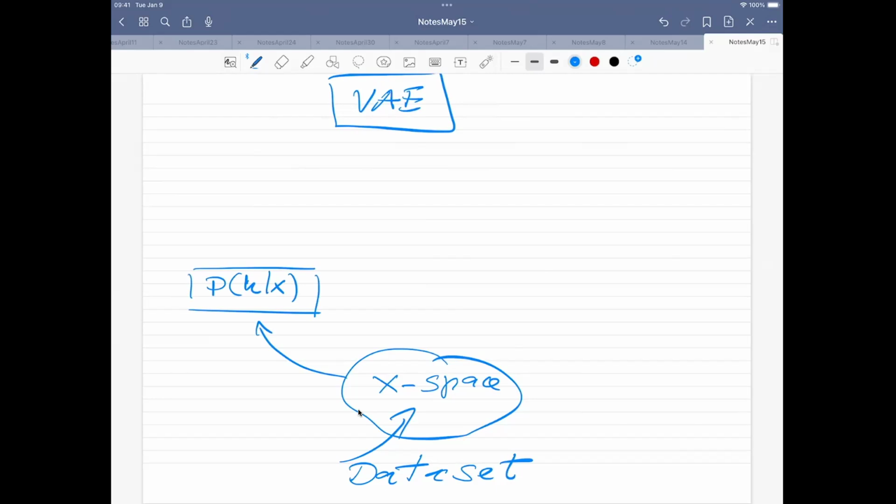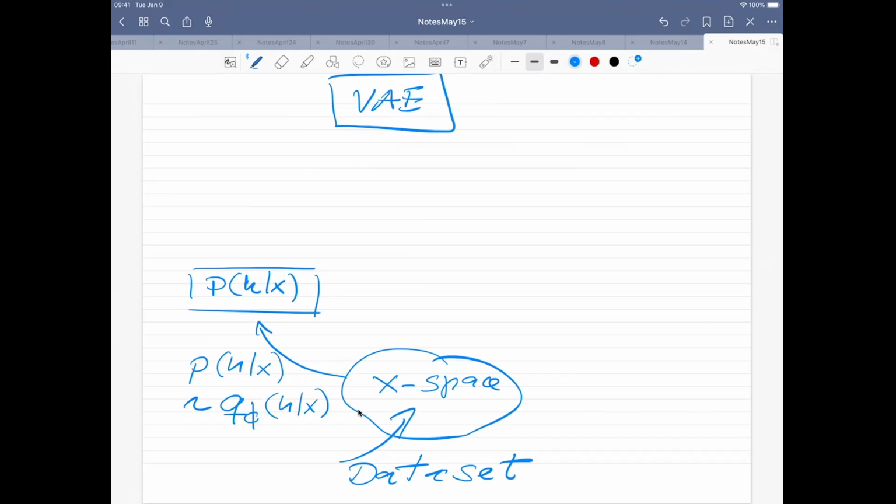We then encode a probability. This probability P of H given X is proportional to a model which we make, which depends on some variables phi, Q phi of H given X. This Q of phi is the model which we typically make. And in the variational autoencoder, this is normally set to a multivariate Gaussian distribution. That's a typical model which is used in the training.